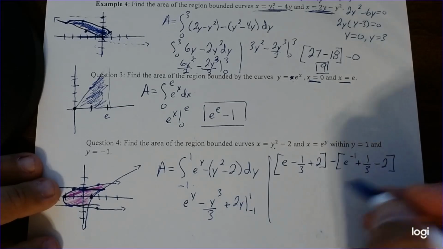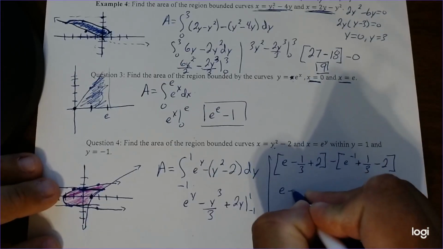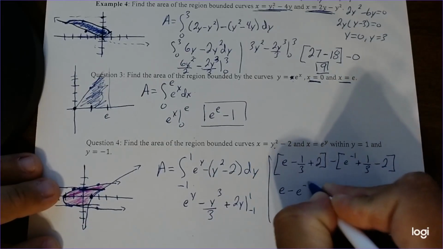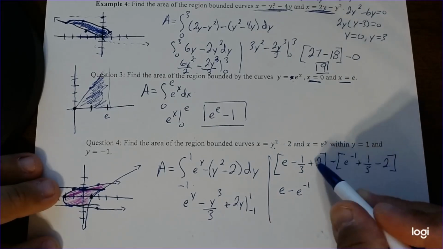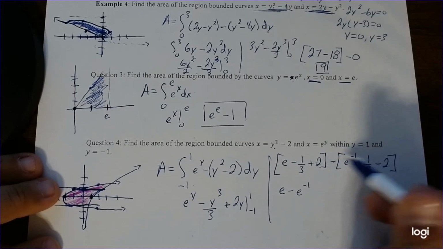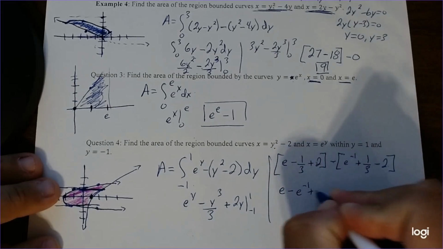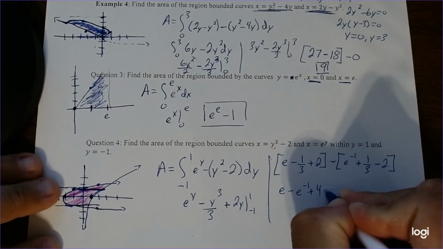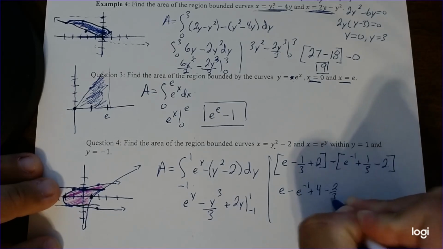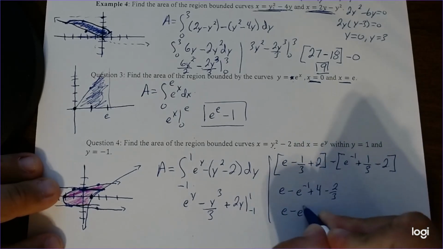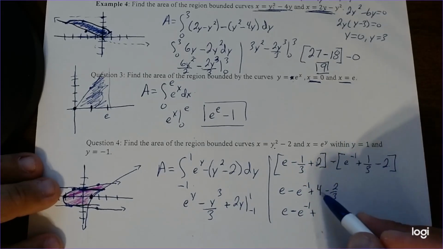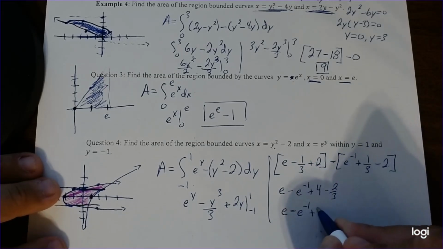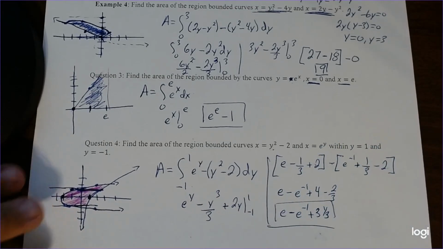Okay, so breaking this down, this is going to be e minus e to the negative 1 power, and these being 4, because addition becomes 4, and this is a negative negative, so this is going to be plus 4 minus 2/3. So e minus e to the negative 1 power plus, what's this going to be? 3 1/3. And there we go.